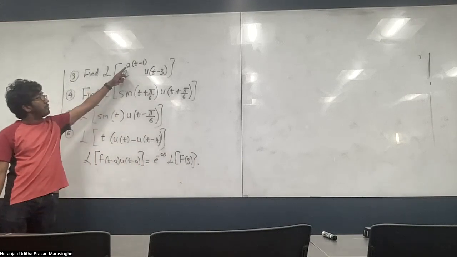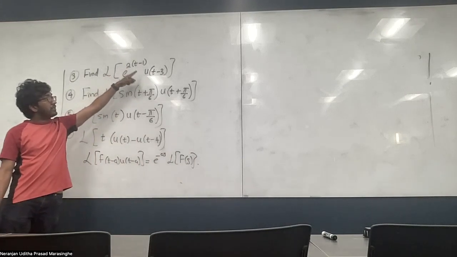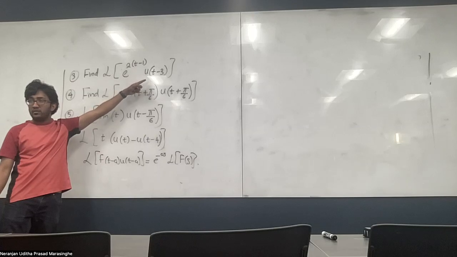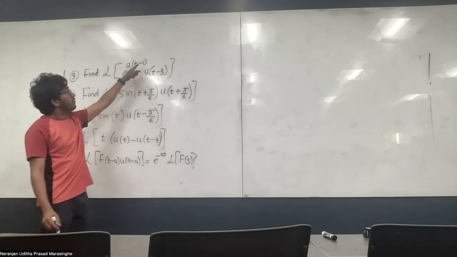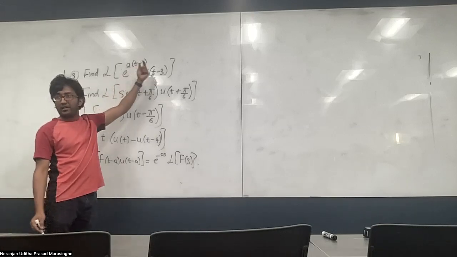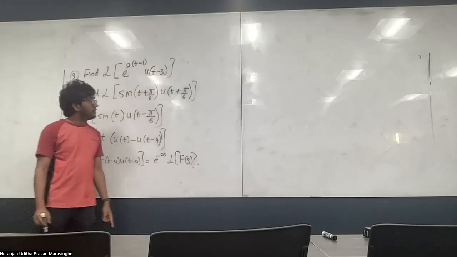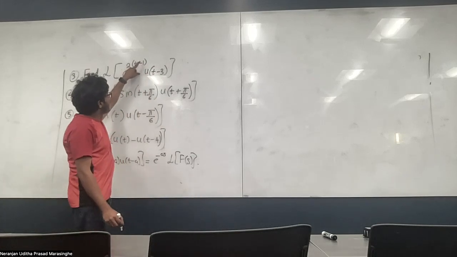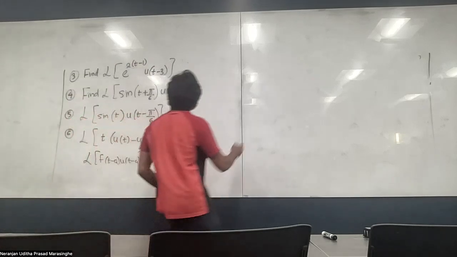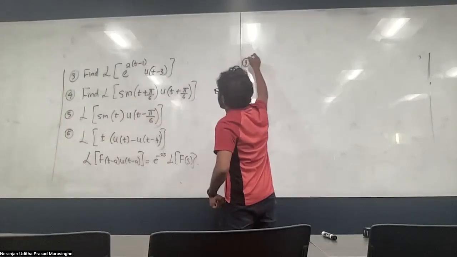But here we have e to the 2t minus 1 and t minus 3. If I have t minus 3 here, then I can apply second translation theorem. So I would make this 1 into 3. Let's do some algebraic trick, right?